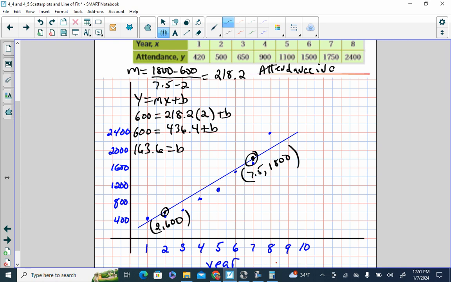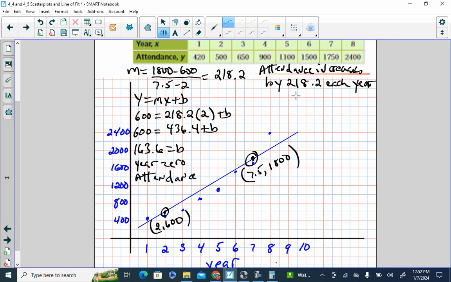And my b of 163.6 means there were 163.6 people in attendance in year 0. Year 0 attendance. That is my 163.6.